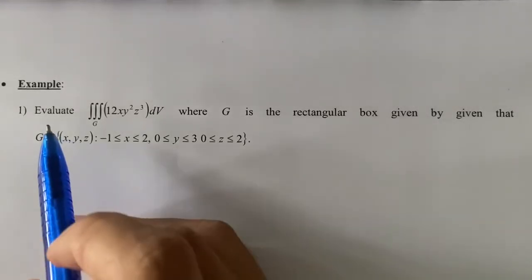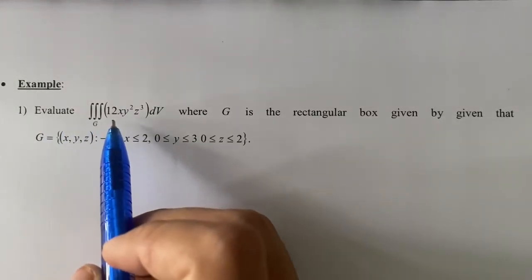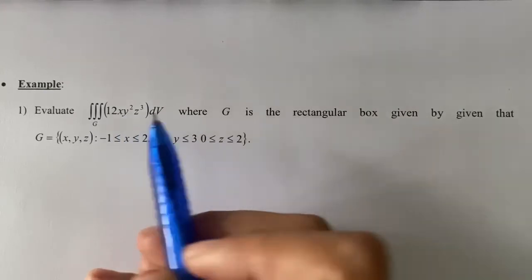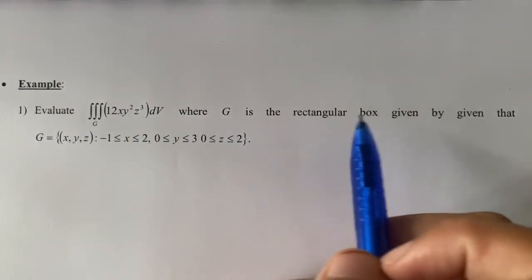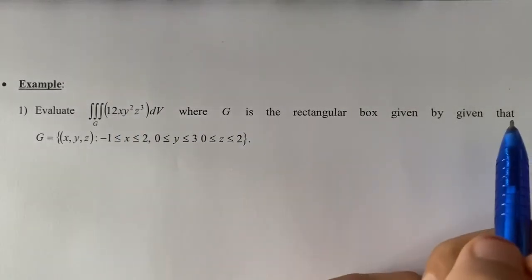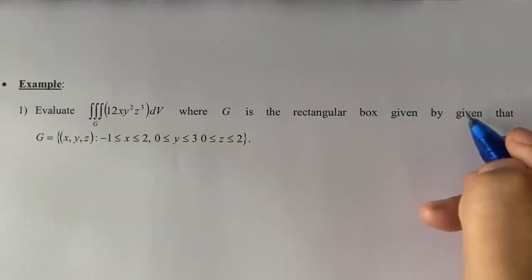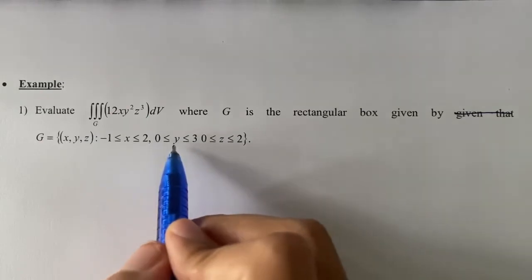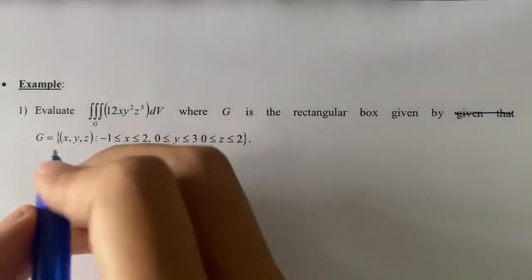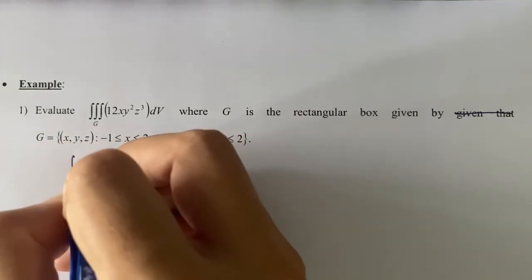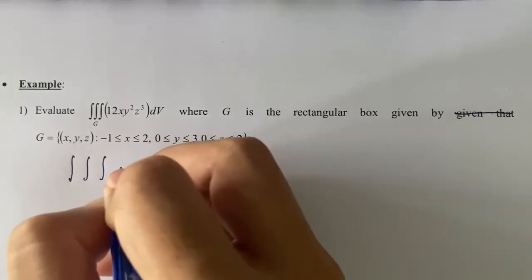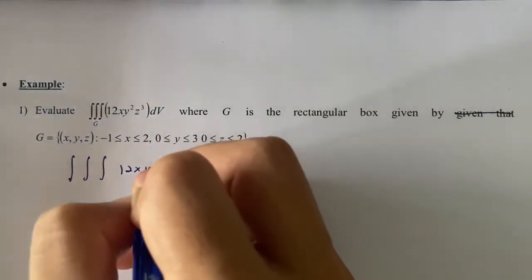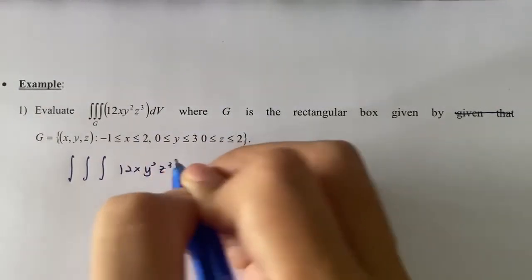Example: evaluate the triple integral of 12xy²z³ dV, where G is the rectangular box given by these limits for x, y, and z.